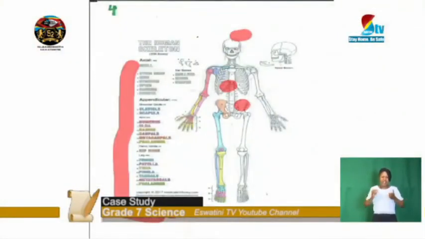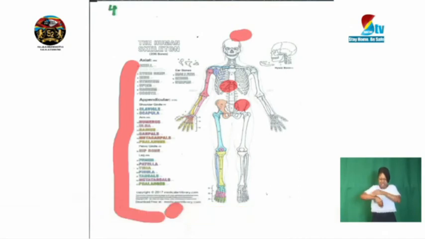And then we are going to move on to the next function of the skeletal system, which is locomotion or movement. Please use movement. The skeletal system helps the body of a human being to move. The skeletal system works with the muscles of the body to make movement possible in a human being.